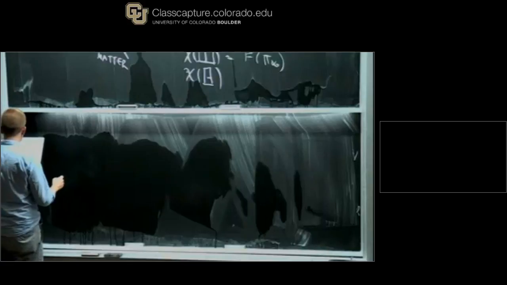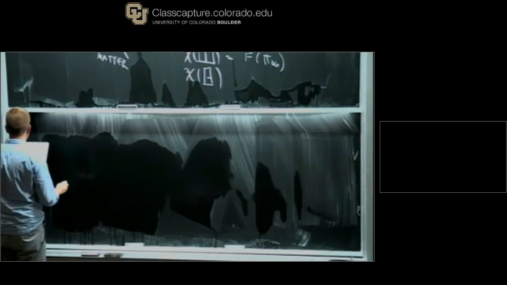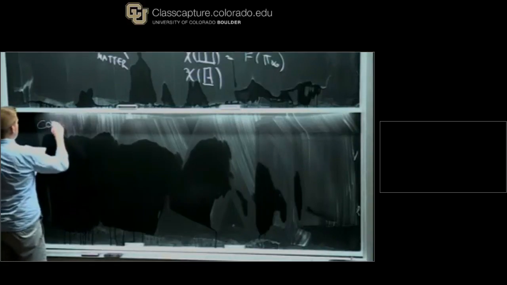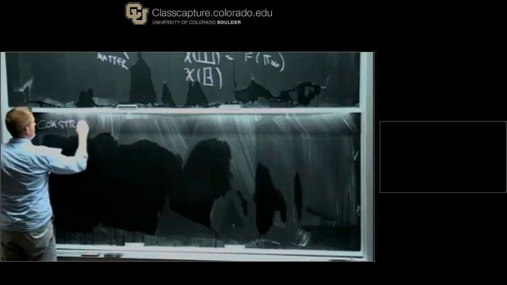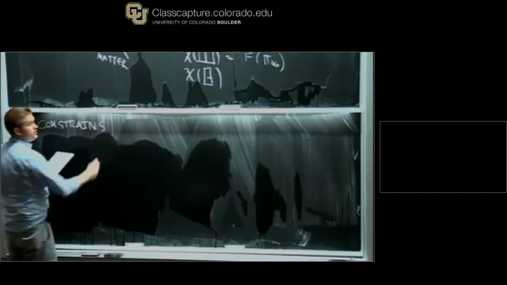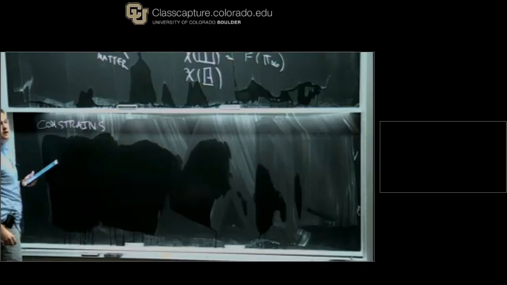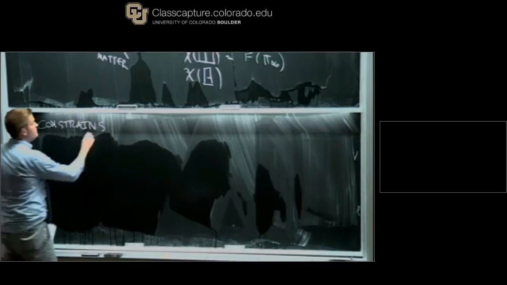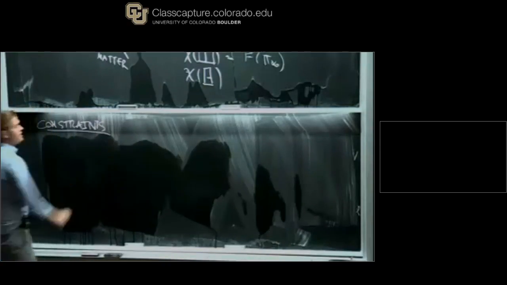OK. Type 2A intersecting branes. All right. Constraints on the matter. Pardon? Oh, yeah. Definitely I am in type 2A, and weakly coupled orientifolds, generally speaking, are a small corner of the landscape.